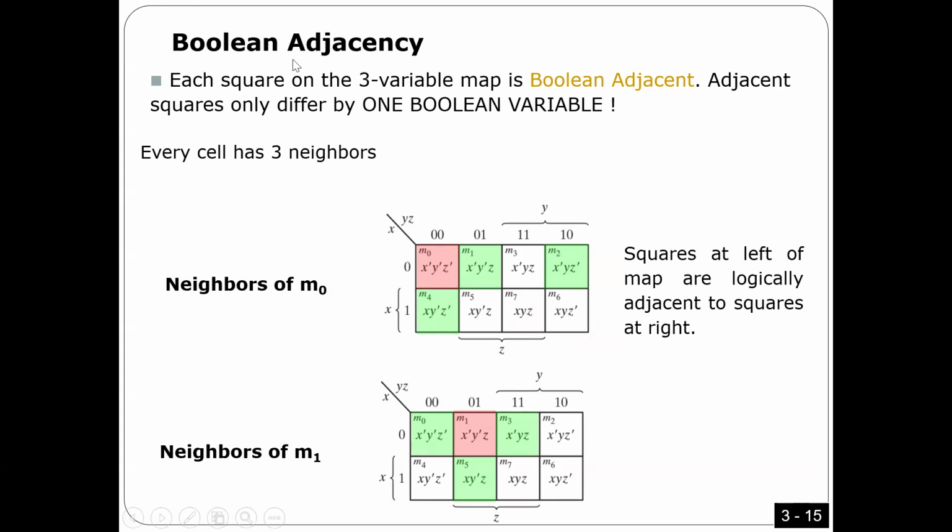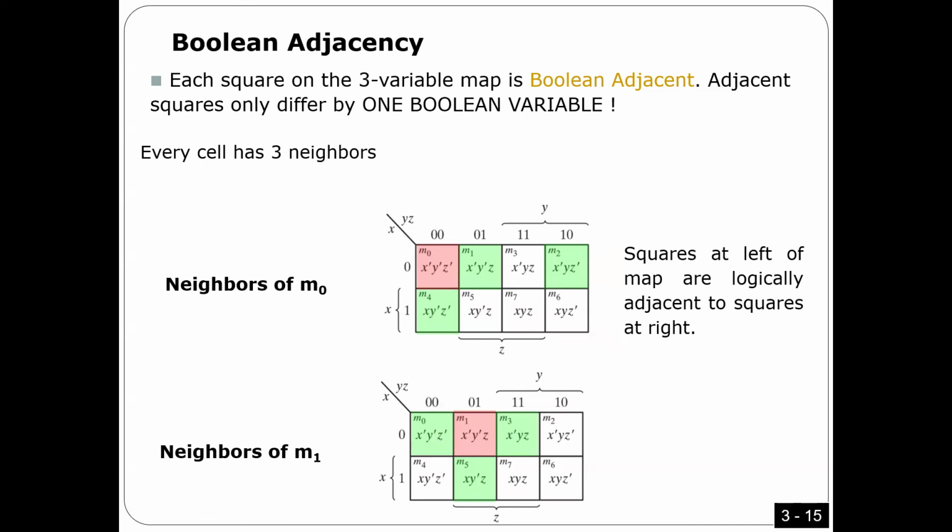For example, every cell has 4 neighbors instead of 3. What is the definition of neighbor? This is similar to what I explained in case of 2 variables. Two cells are neighbors if they are different in only 1 variable. You got what I'm saying?